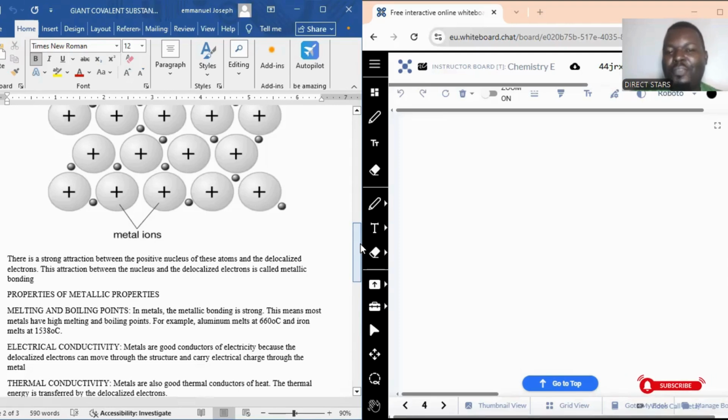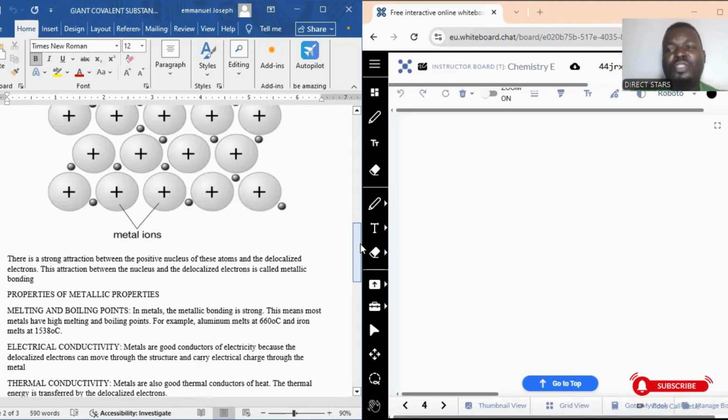In the case of metal, we have a positively charged nucleus, and there's an attraction between this charge and the delocalized electrons, and that is known as your metallic bonding. Since this attraction is strong, it makes the metallic bond a very strong bond.